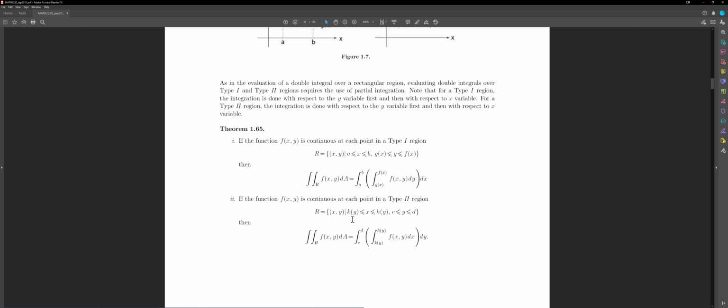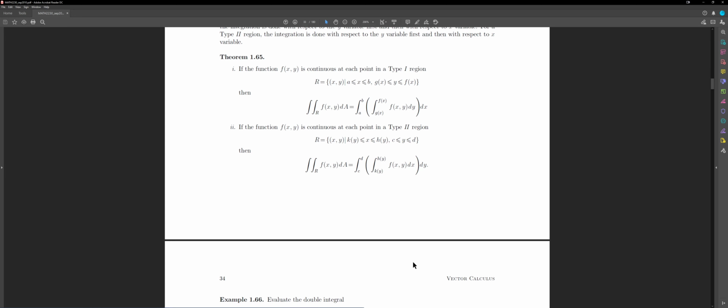This is the bottom one, the k of y, right? And so you do the inside integral here with respect to x, and once you evaluate this, you're going to get a function in y alone, and then that you will integrate on the outside with respect to y. So when you integrate on the outside with respect to y, what you need are y limits of integration, and the y limits of integration are c and d, right?